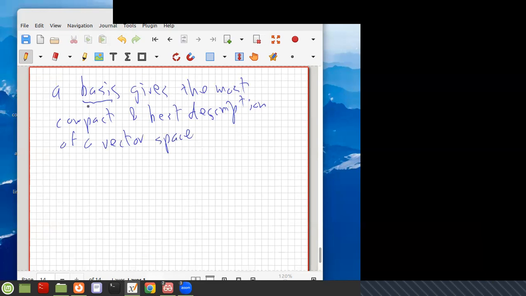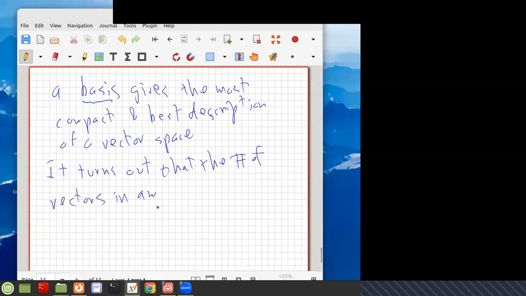Now, it turns out, this is the second result in the last 2 minutes today, that the number of vectors in any basis for a vector space is always the same.